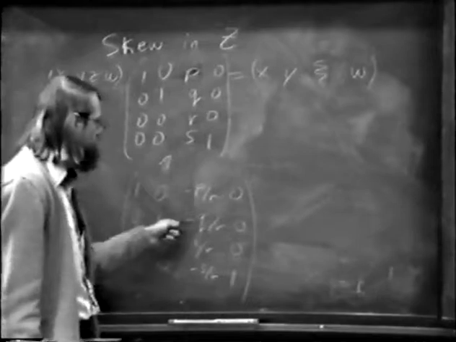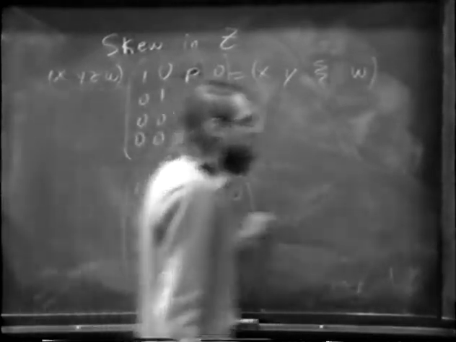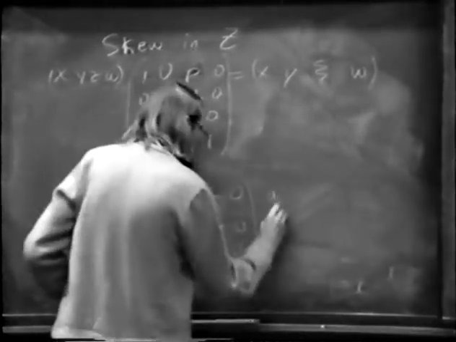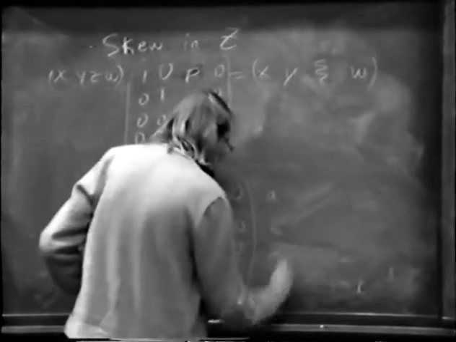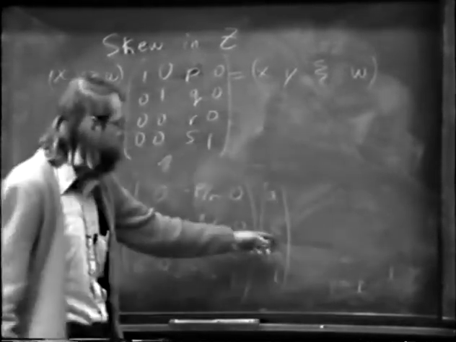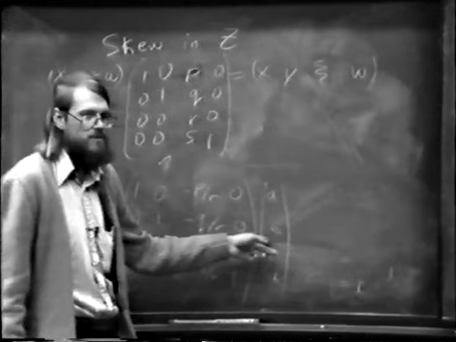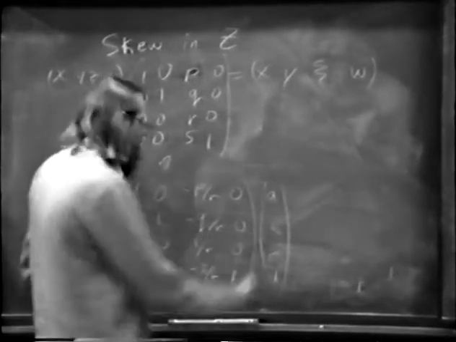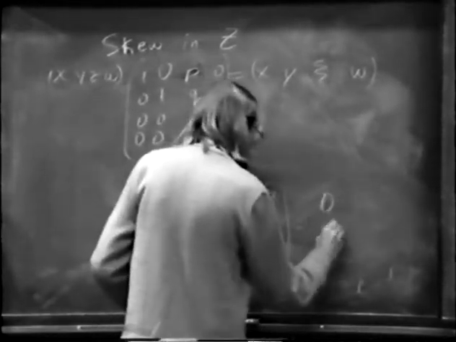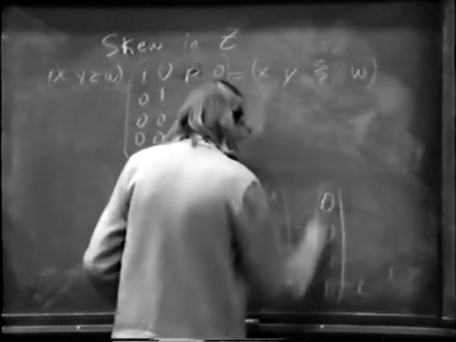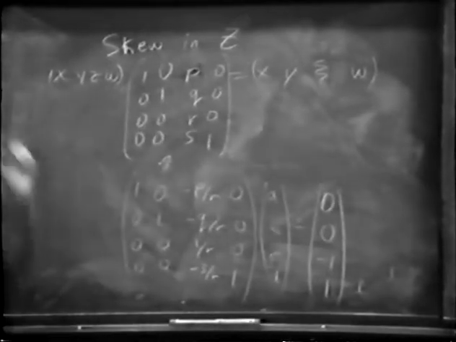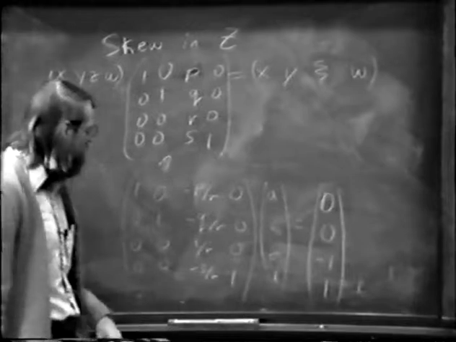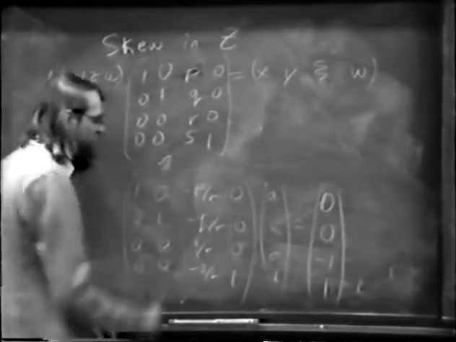So you multiply this skew transformation times the plane ABCD. That's the old silhouette outline plane. And we want to get that plane. You now have 4 equations, and you can solve for these numbers p, q, r, and s from those 4 equations.